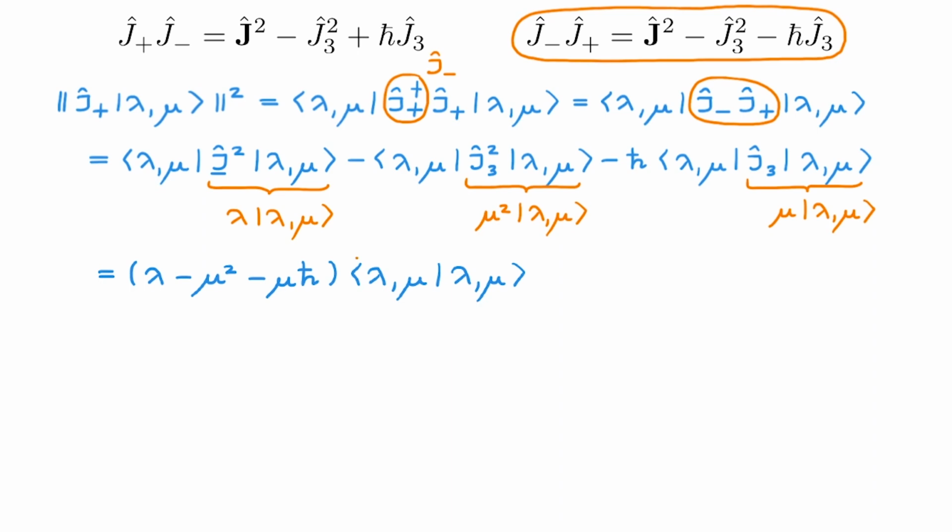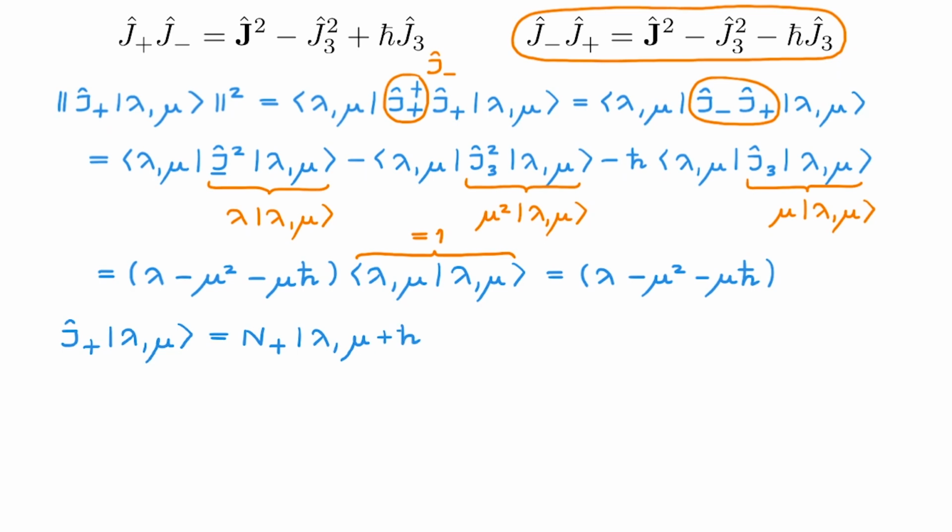The eigenstates form an orthonormal set, so we end up with λ minus μ squared minus μħ. At the same time, we can write j plus |λ, μ⟩ as equal to n plus |λ, μ + ħ⟩. And its norm is then simply equal to the absolute value of n plus squared.